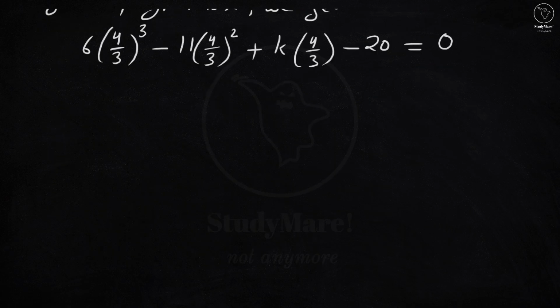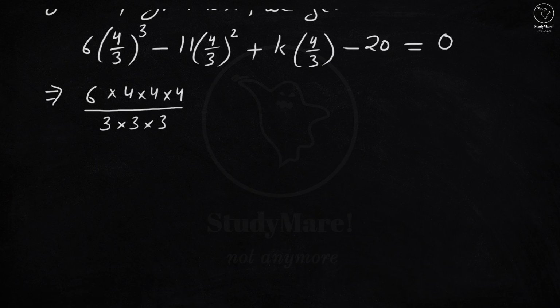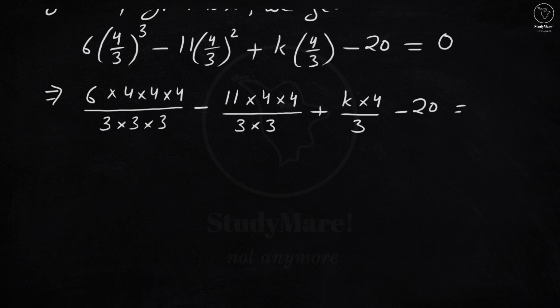Solving it further, we get 6 into 4 into 4 into 4 as there was 4 cube divided by 3 into 3 into 3 as there was 3 cube minus 11 into 4 into 4 upon 3 into 3. Why 4 into 4 and 3 into 3? Because there is a square of 4 by 3. Next, plus k into 4 by 3 minus 20 is equal to 0. 3 ones are 3 and 3 twos are 6.